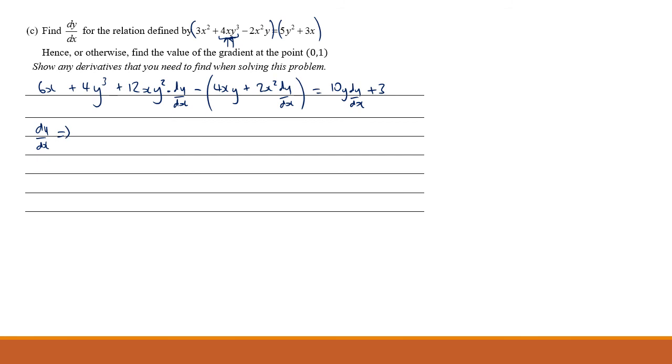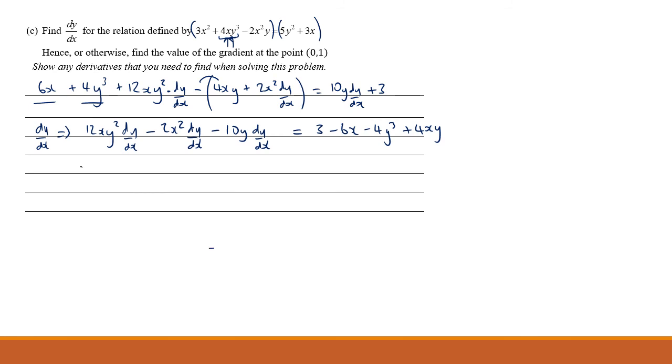So it's going to go 12xy squared dy by dx minus 2x squared dy by dx minus 10y dy by dx, and that is going to equal 3 minus 6x minus the 4y cubed, add the 4xy, because when I expand that, that's going to be a negative, take it on the other side, it's going to be positive, and that's what I've got.